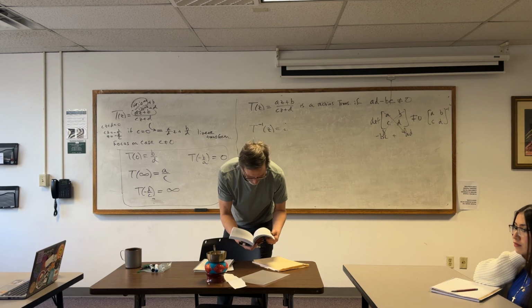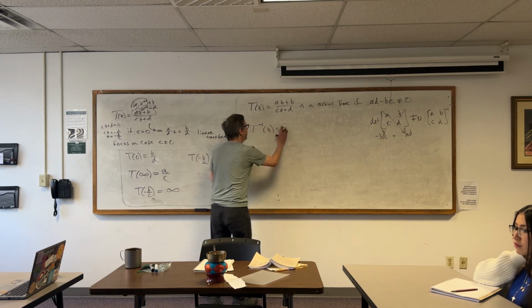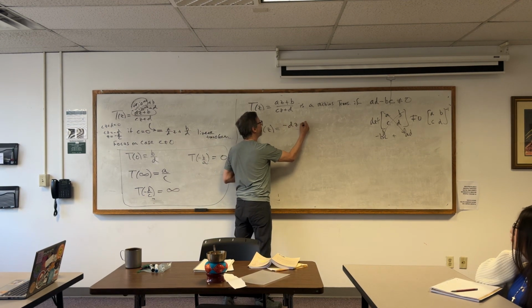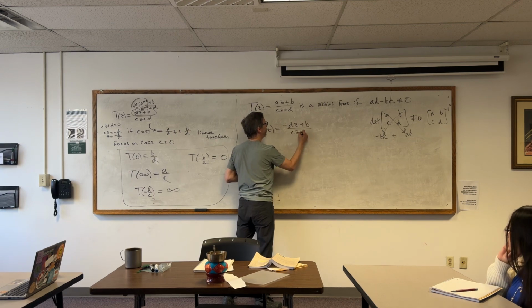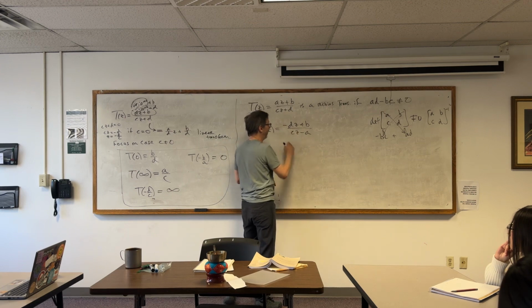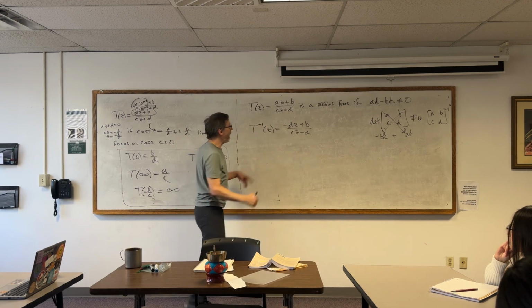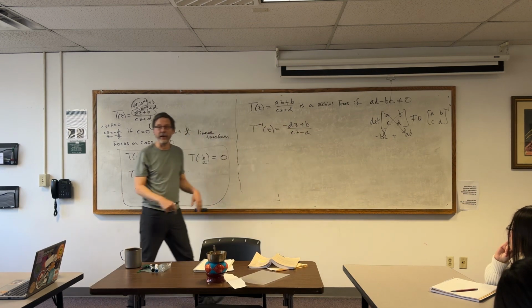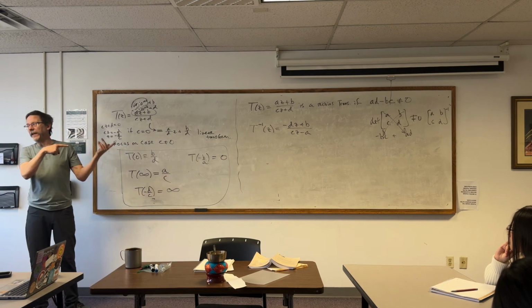Lou, why don't you just tell me it? Negative DZ plus B over CZ minus A. Oh, so these two become negative. So it's a little bit different than I was thinking. So that's the inverse formula.